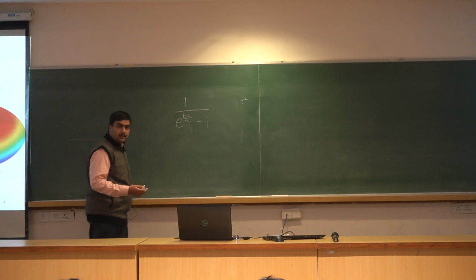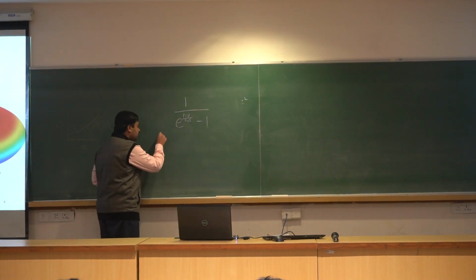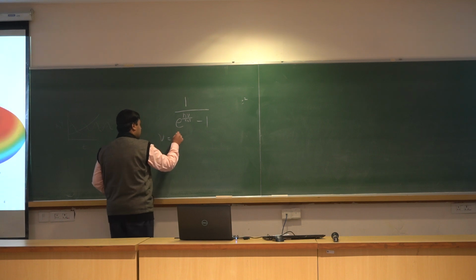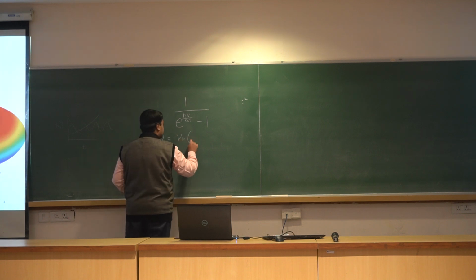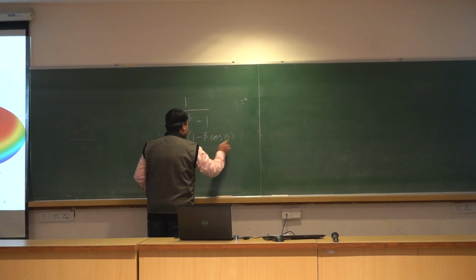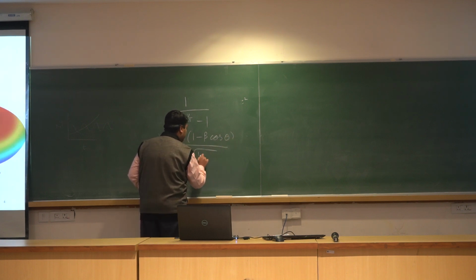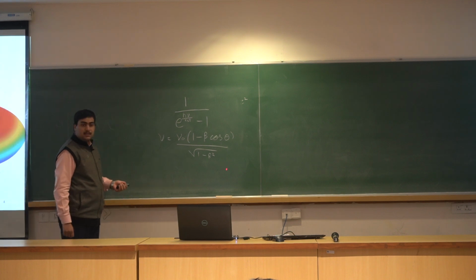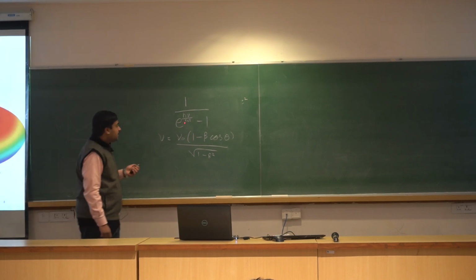It's a Lorentz invariant. Now, if you've done special relativity, then you will know that the frequency actually scales as 1 minus beta cos theta divided by the square root of 1 minus beta squared. This is how your frequency modulates due to Doppler boosting.